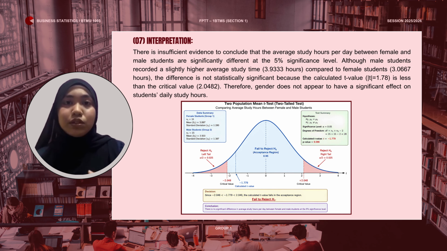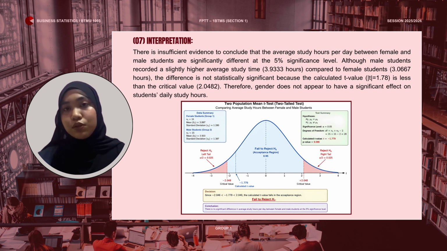Although male students recorded a slightly higher average study time, which is 3.9333 hours, compared to female students' 3.0667 hours, the difference is not statistically significant because the calculated t-value, 1.78, is less than the critical value 2.0482. Therefore, gender does not appear to have a significant effect on students' daily study hours.